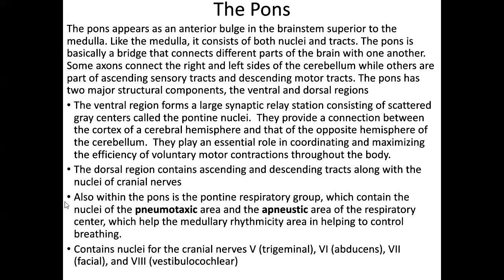I would definitely put a big fat star or highlight on this third bullet. Within the pons is what we call the pontine respiratory group, which contains 2 areas, the pneumotaxic and apneusic areas. And those are also part of your respiratory center.